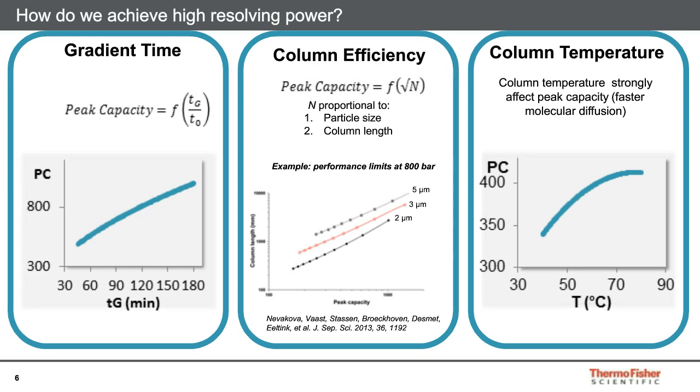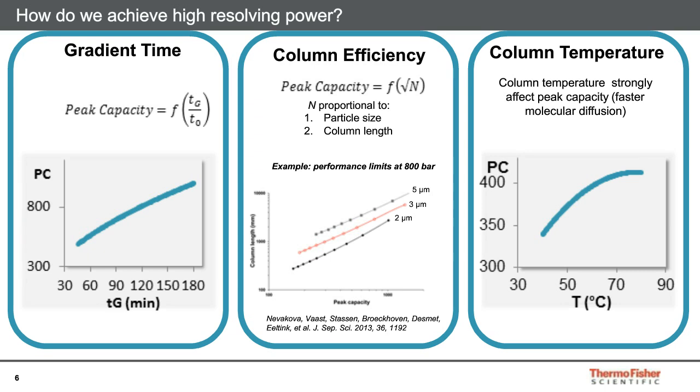To show these effects, I chose a picture reprinted from a nice publication from Free University of Brussels. And here the authors were checking the performance limits at 800 bar for columns packed with 2, 3, or 5 micrometer particles. So basically what the authors were doing was measuring the peak capacity for these columns at different column lengths.